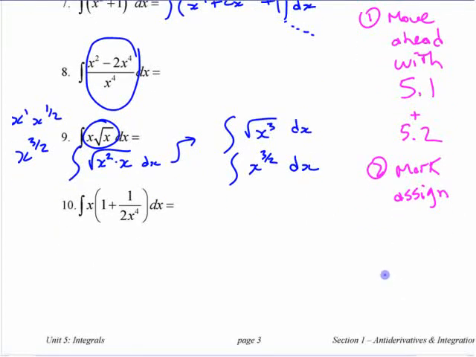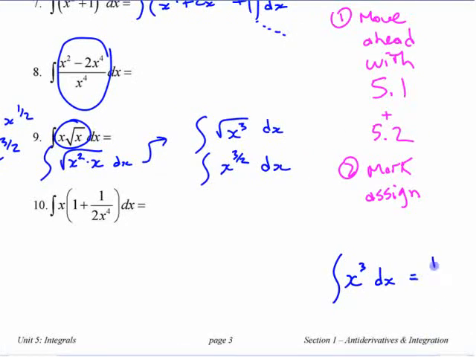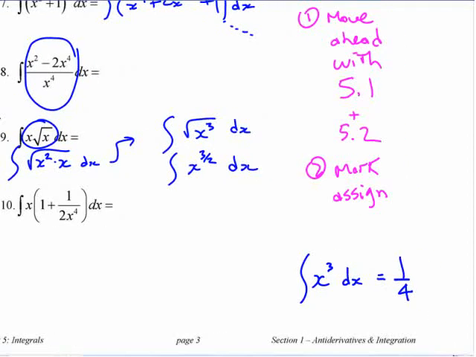What do you do if you're finding the integral of, say, something like x to the third? Yeah, 1 over 4. So I would probably do this in this order. I would think of what the power is first, because then you need the reciprocal of that, especially when it's something like this.